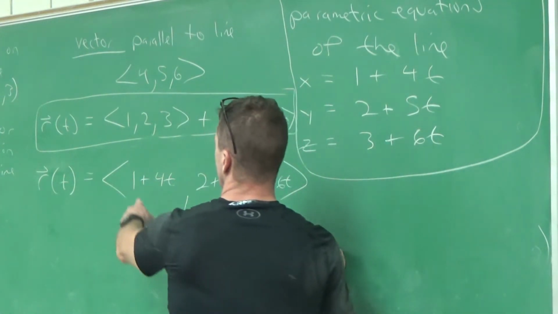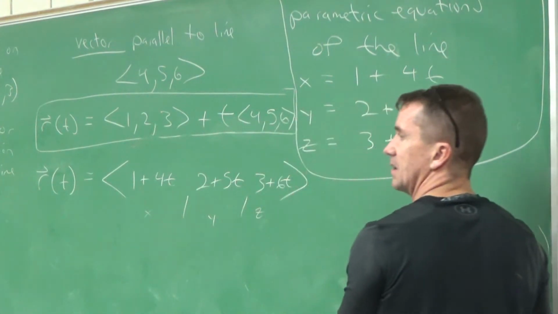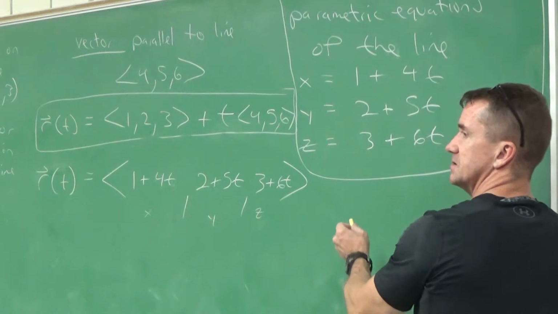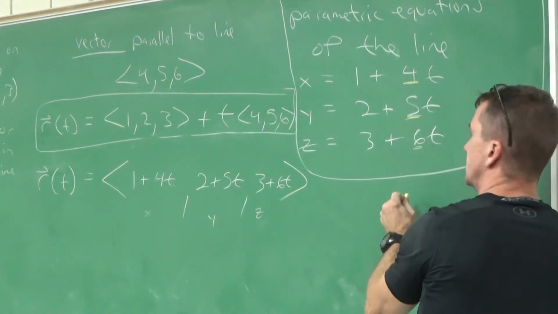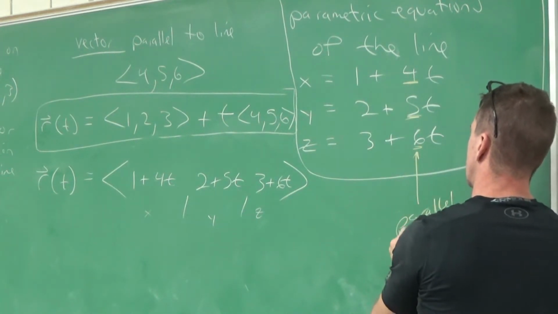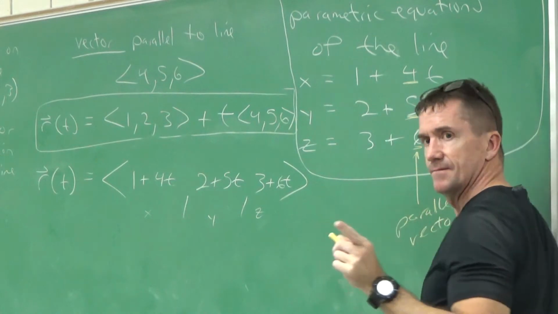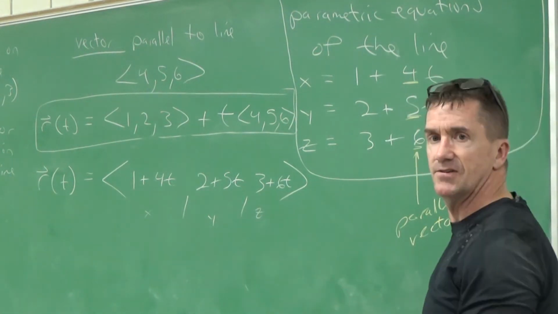Most importantly, hidden in here, where are the components that made the parallel vector? I wanted to make sure you know where that was. Those are the numbers in front of what parameter? t. That's the parallel vector. You also said that on the question, which is the parallel. That's right. In this problem, they just gave it to you.